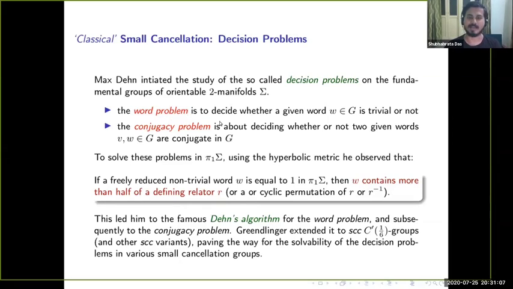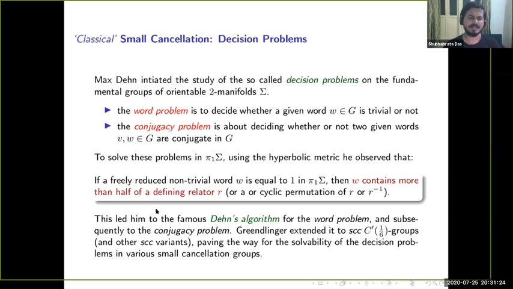He devised an algorithm that is essentially based on his following observation, which would give these problems an answer in finite time.